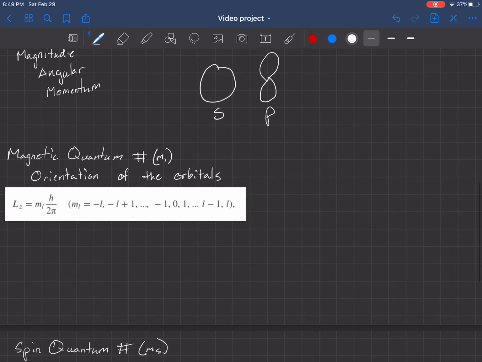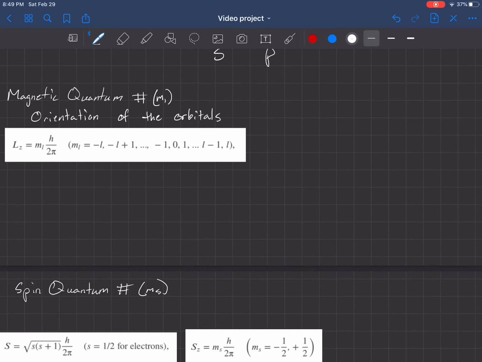Now moving forward to the magnetic quantum number, it's m_L, M subscript L. I know that's hard to see; it looks like a 1. That tells us about the orientation of the orbitals. For instance, if we have just this plain old sphere, it's just going to be in this singular plane.